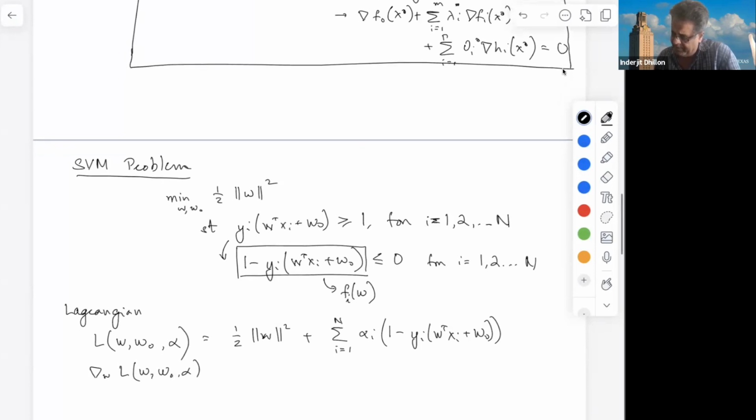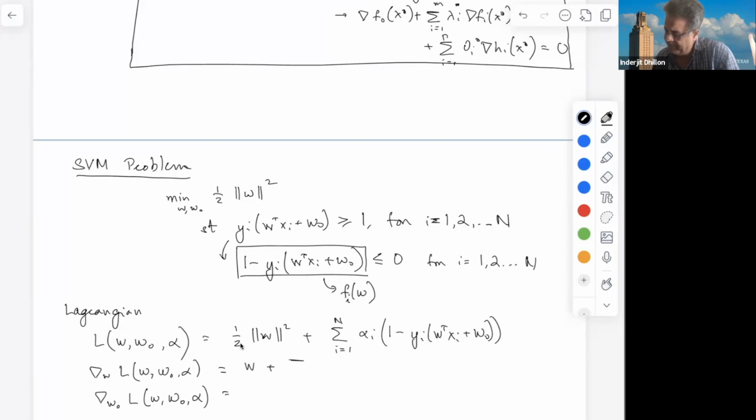And remember that we have two variables, w and w naught. So what is the gradient with respect to w? Well, it is just w. That's the gradient of half of the 2-norm of w squared.